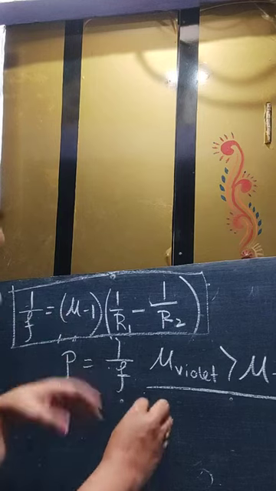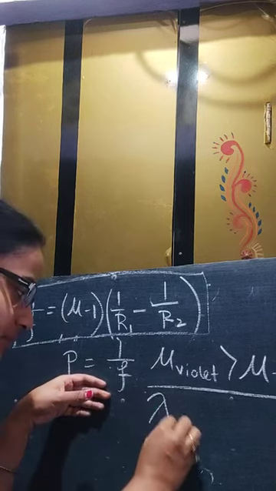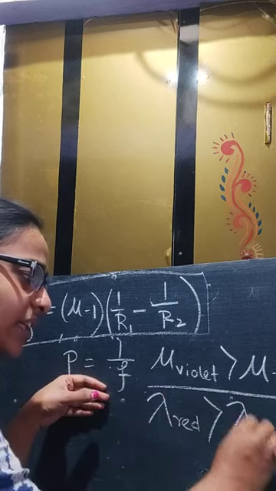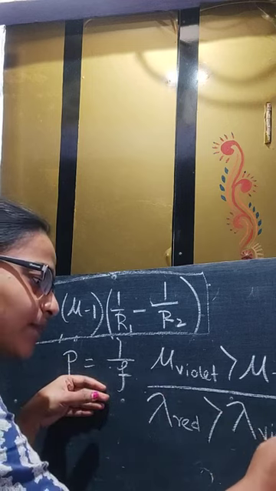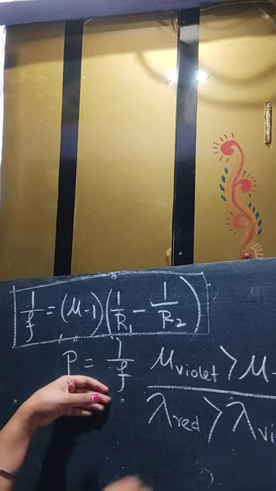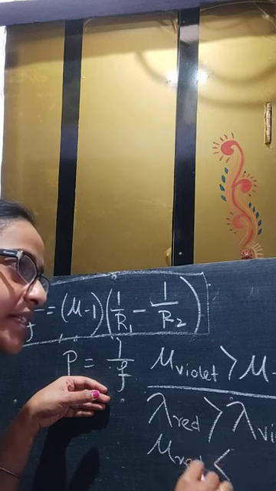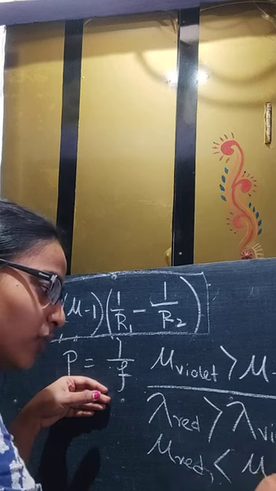Next question is how does the angle of minimum deviation of a glass prism vary if the violet light is replaced with red light? We all know the answer will be that the wavelength of red light is much greater than the wavelength of violet, right? So therefore, mu red is less than mu violet.